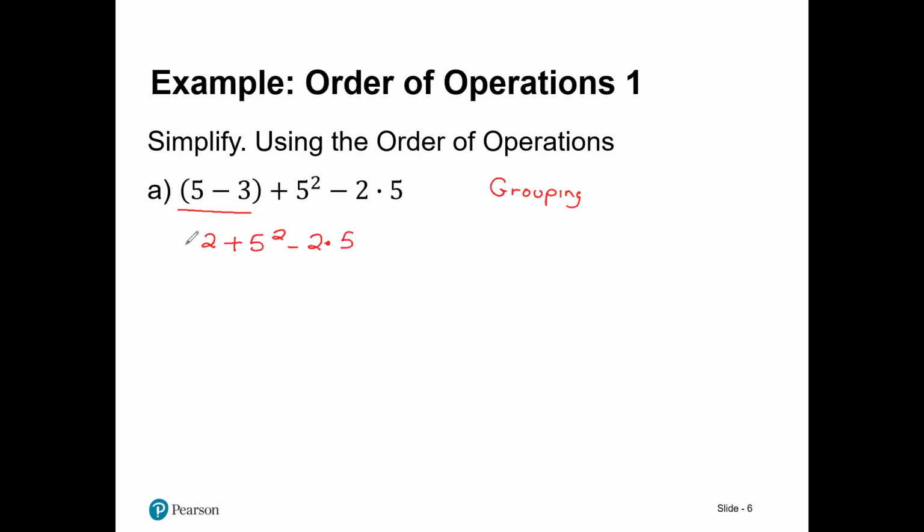One thing to always remember, this is an equivalent expression to this expression, so we have to put the equality there. Let me change the color here just so we can see this. Next, we're going to have our exponents. We only have one exponent to worry about. So we do that 5 squared, 5 times 5, 25.